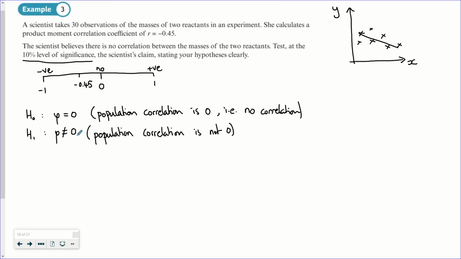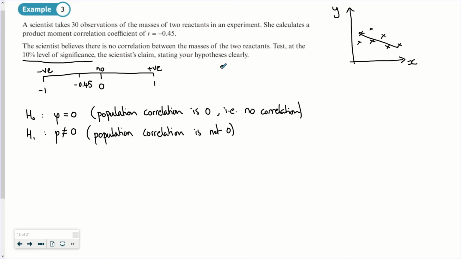Now this is called a two-tailed test because we're not told that we suspect that it's either positive correlation or a negative correlation. Our critical region is going to include both this side of our scale and this side of our scale. And because of that, we're going to split this 10% significance level, and we're going to put 5% significance on the right hand side and 5% significance level on the left hand side.